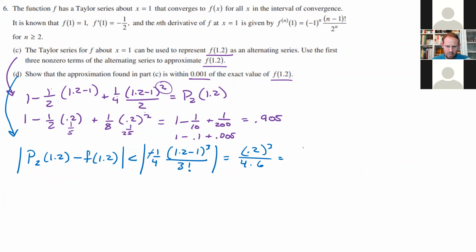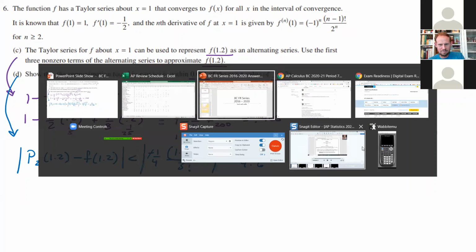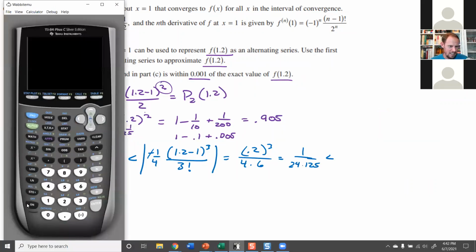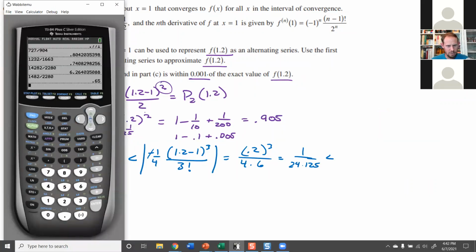So is that 1/5 to the third? So that's 24 times 125 down there. Yeah, this must be a calculator one. Or really, we just have to show that this number here is more than 1,000. And it is. 1 divided by 24 times 125.